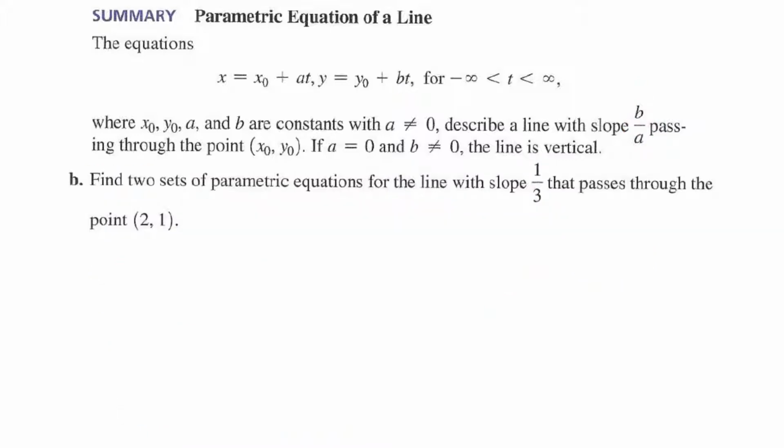Another thing that we could do: find two sets of parametric equations for the line with the slope 1/3 that passes through the point 2, 1. So this is going the other direction. So we're going to go the other way with the slope. B equals 1, A equals 3. And then here we have x naught and y naught.